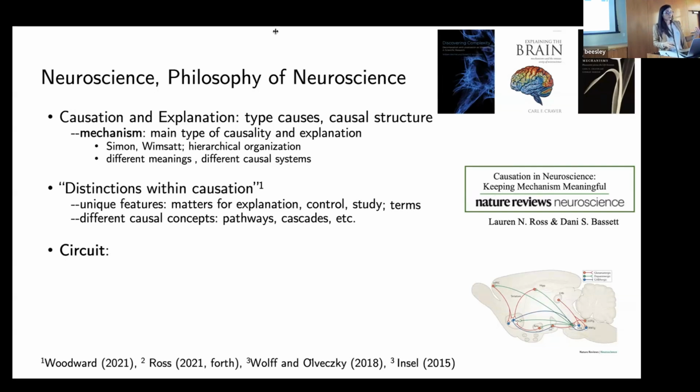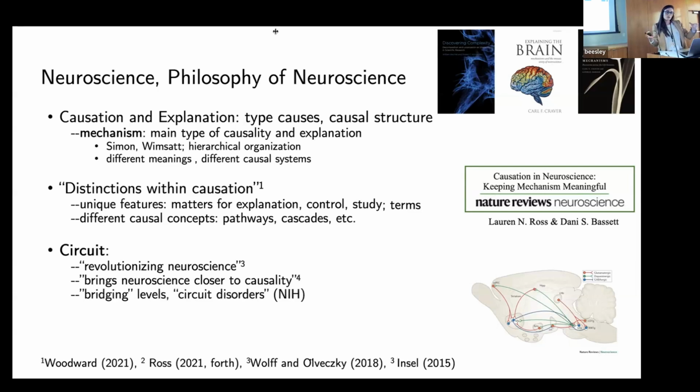This is a causal term that is referring to a kind of causal system in this field that is viewed as revolutionizing neuroscience, as bringing neuroscience closer to causality, as bridging levels, often lower level molecular detail with higher level cognitive outcomes. We see references to circuit disorders.